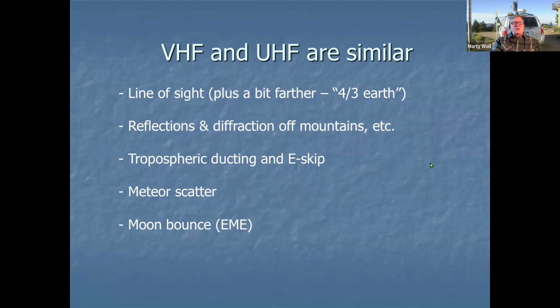In order to take advantage of that, meteor scatter operators would usually schedule. They'd say, okay, the easternmost person will transmit in the first 30 seconds, and the westernmost will transmit in the second 30 seconds of each minute.